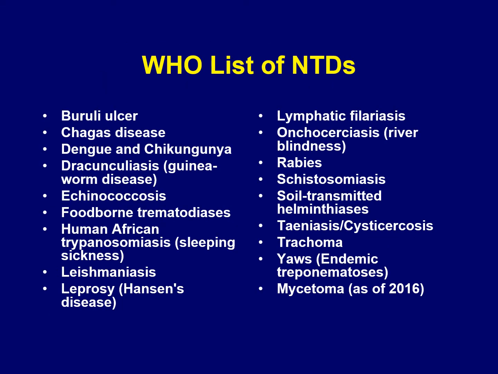This is the World Health Organization's list of NTDs. CDC also has their own list, but looking through this list, you may recognize some of them, like guinea worm disease. Others you may not have heard of. Typically in the US and in Western Europe, these are not a focus in medical curriculums at all.